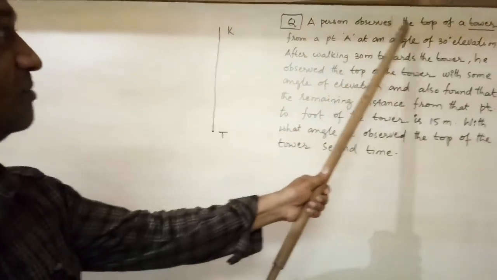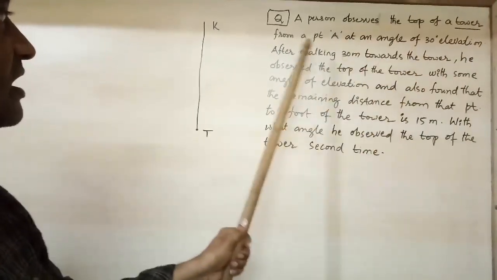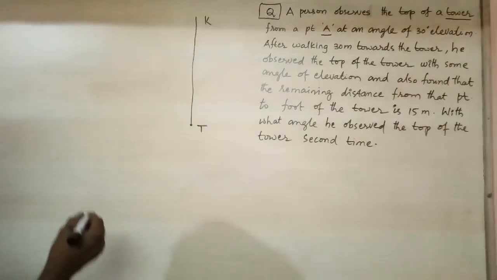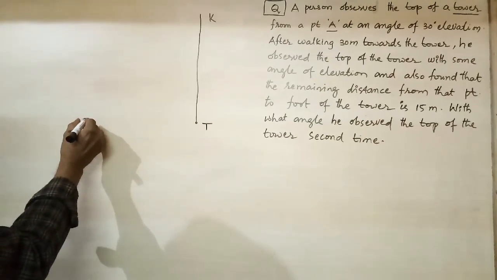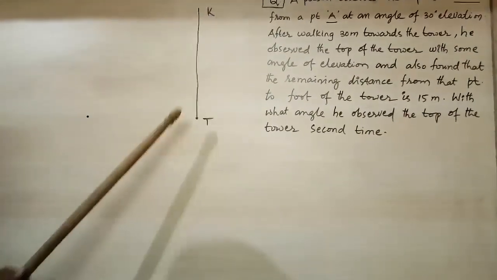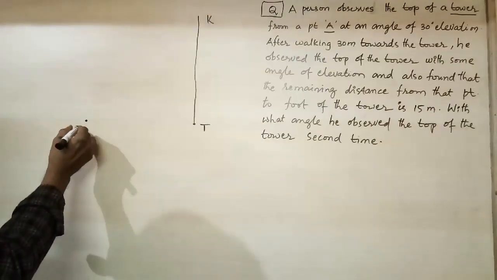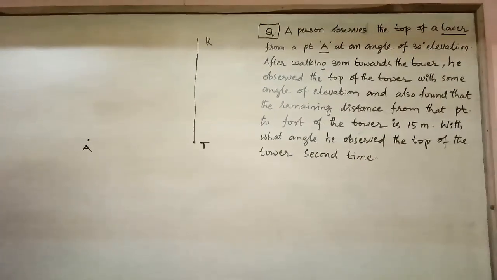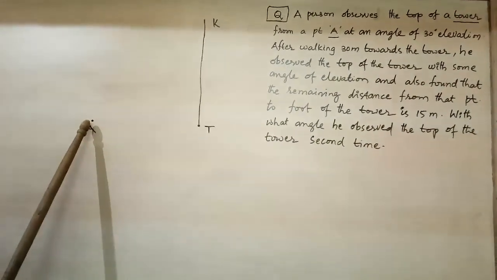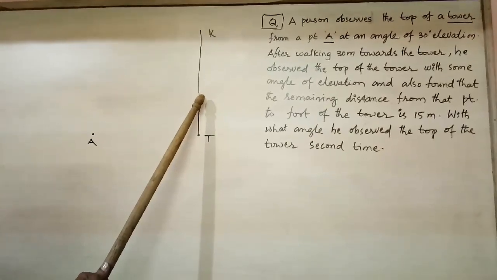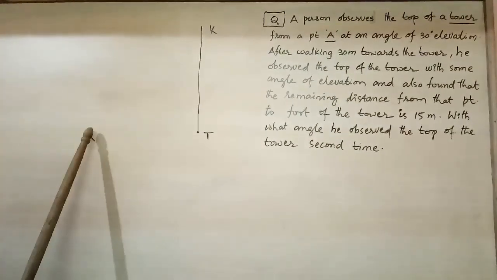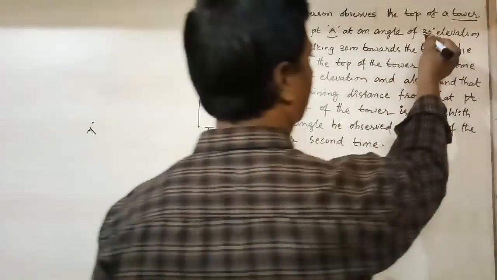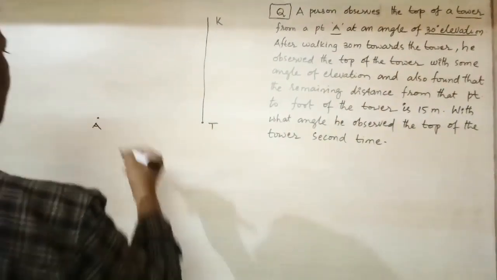A person observes the top of the tower from a point A. Let this point be A. He is observing the top of the tower from this point A at an angle of 30-degree elevation.